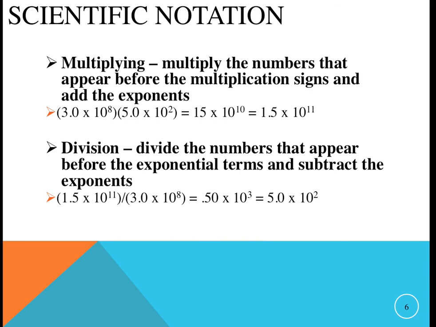We need to move our decimal place to the right. And since we are moving to the right and we have a small number, a number less than 1, it would be a negative 1 is our move. So exponent 10 to the 3rd, we have now moving to the right 1, we get the exponent of 10 to the 2nd. So our final answer is 5.0 times 10 to the 2nd.